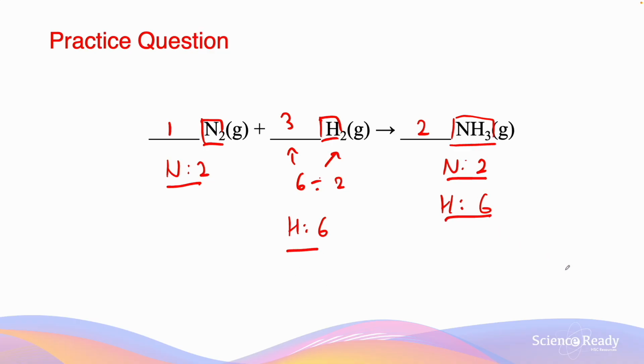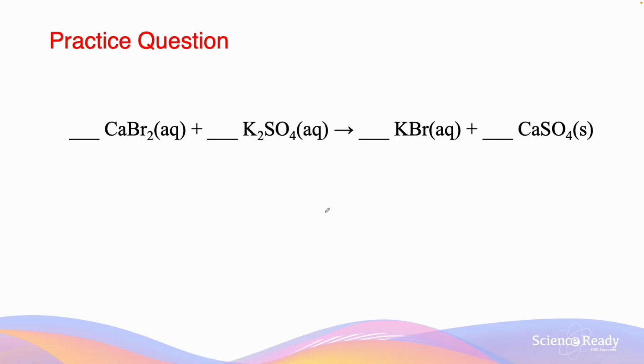Here we have a slightly more difficult example which involves multiple compounds in what we call an ion exchange reaction. When balancing these types of equations, we will have to consider the polyatomic ion SO4. SO4 is a polyatomic ion known as sulfate, and polyatomic ions often behave as individual units when balancing these types of equations.